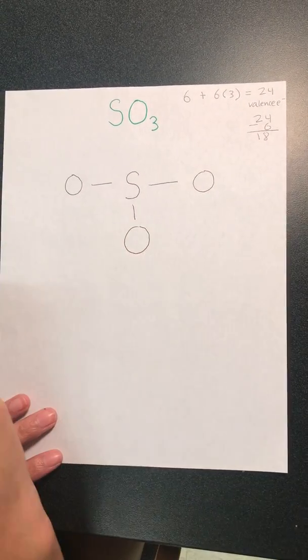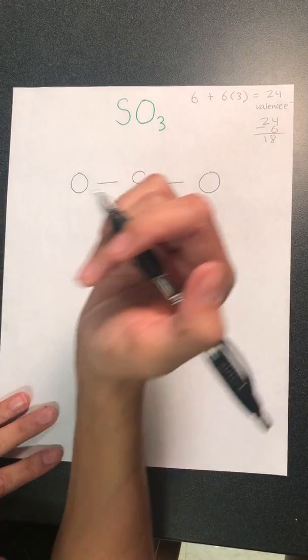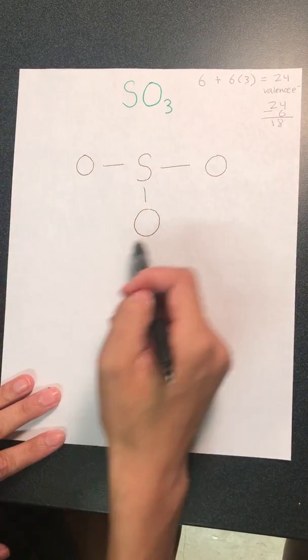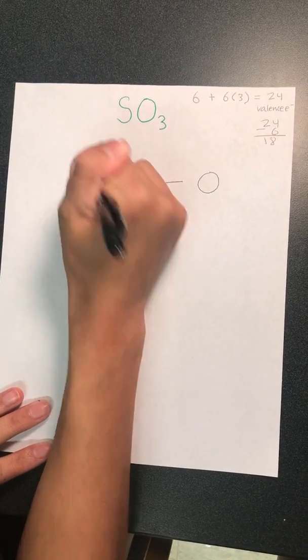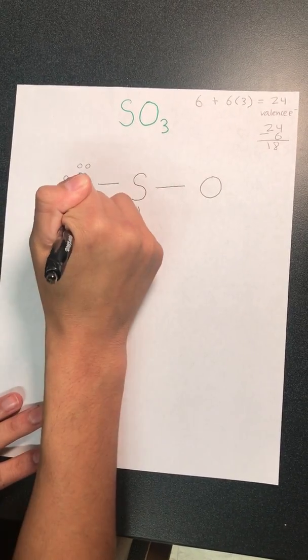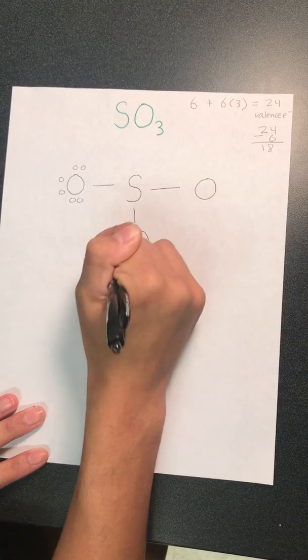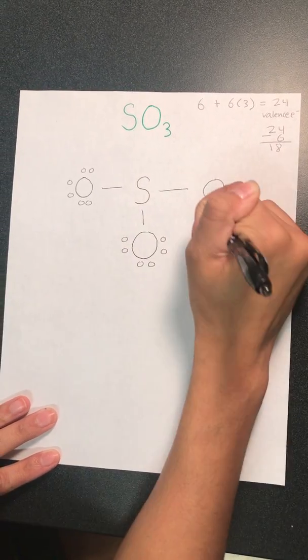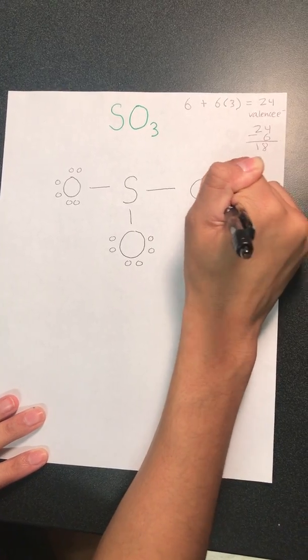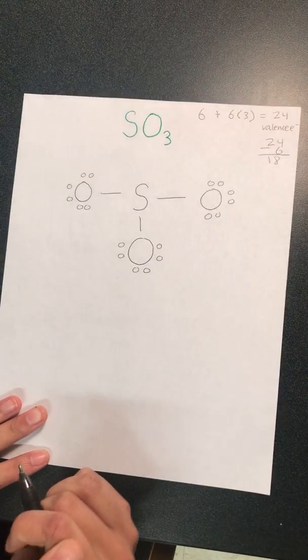So we still need 18 more electrons on the structure. And we'll go ahead and draw those around our outside atoms, which are the 3 oxygens. So we'll have 6 on each oxygen.